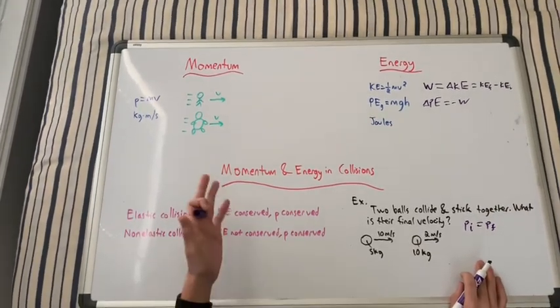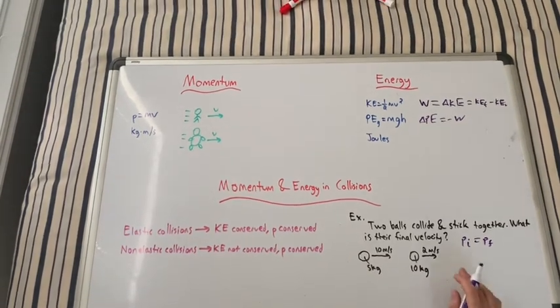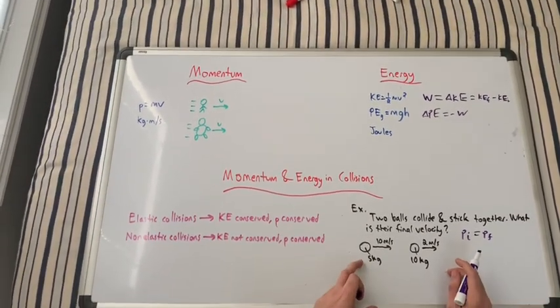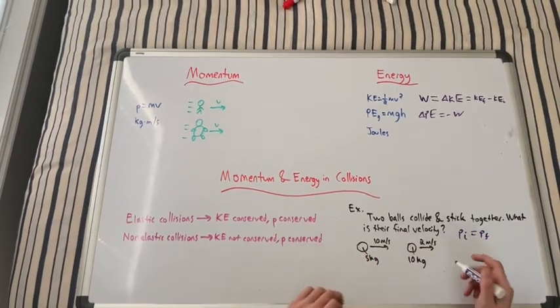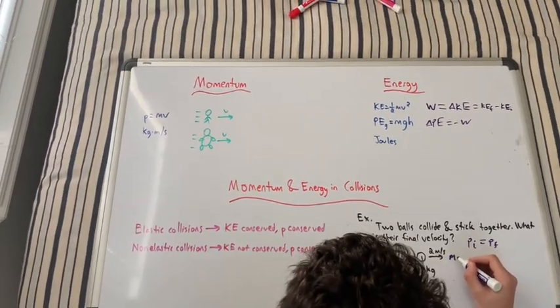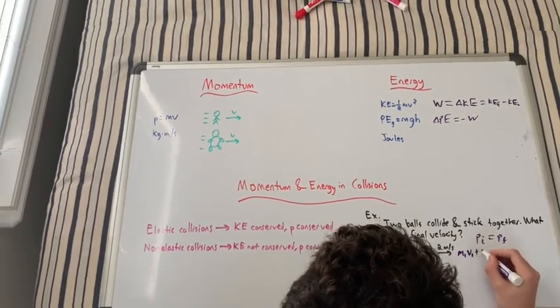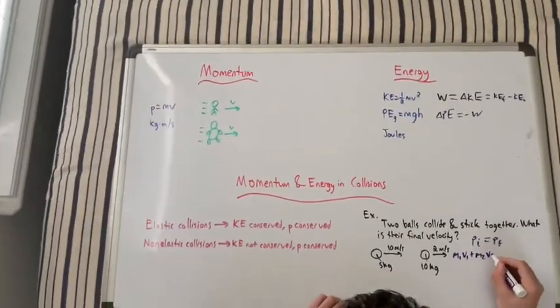We use our equation from over here. For the initial momentum, we have two blocks and they're separate, so it's M1 V1 plus M2 V2.